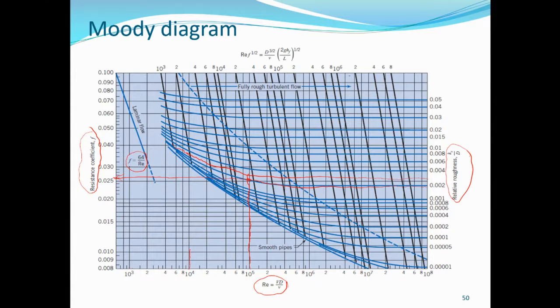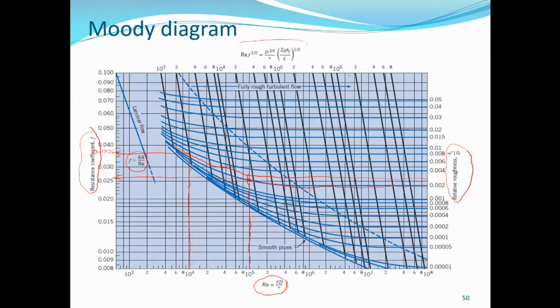Where it meets, you now project it to get the friction factor, which in this case is more or less 0.036. And here 0.026. So this is how to work with the Moody diagram.